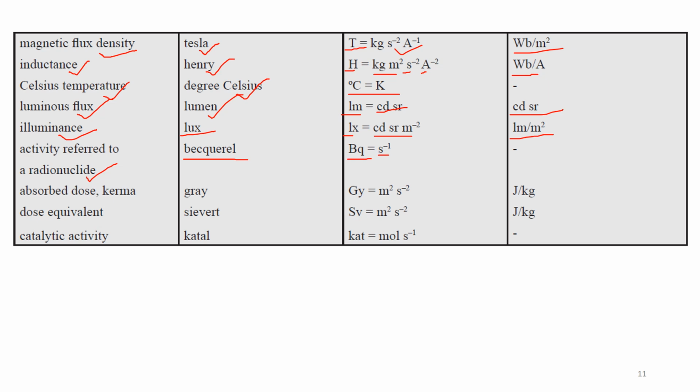Absorbed dose, or you can say kerma, is measured in Gray, GY, meter square per second square, which is also written as joule per kg. Dose equivalent is Sievert, SV, meter square per second square, also joule per kg. Catalytic activity is katal, denoted by mole per second.